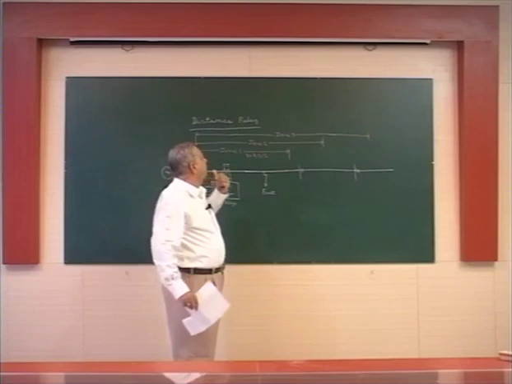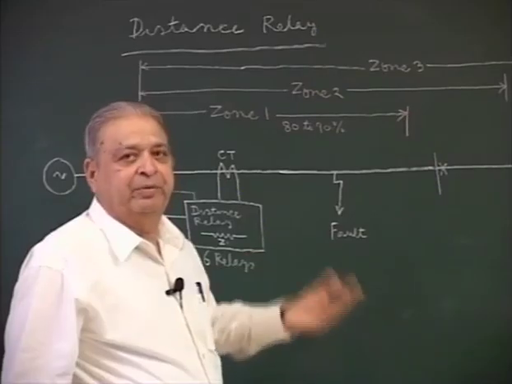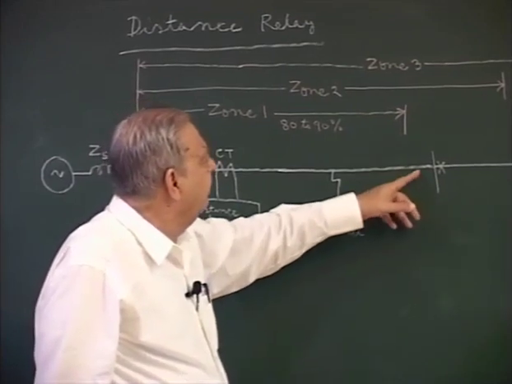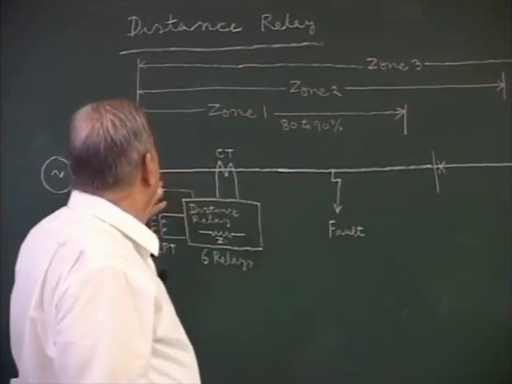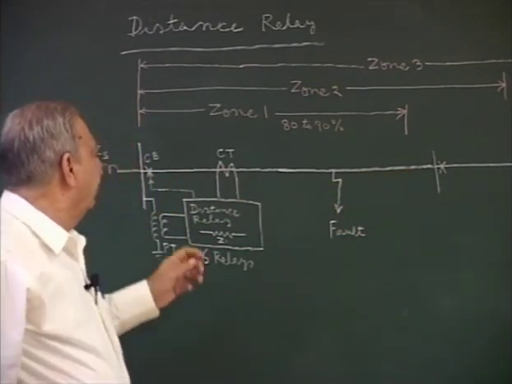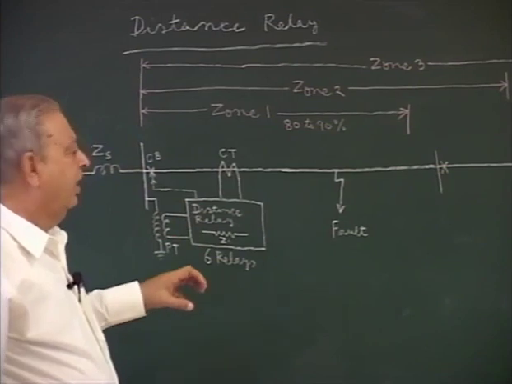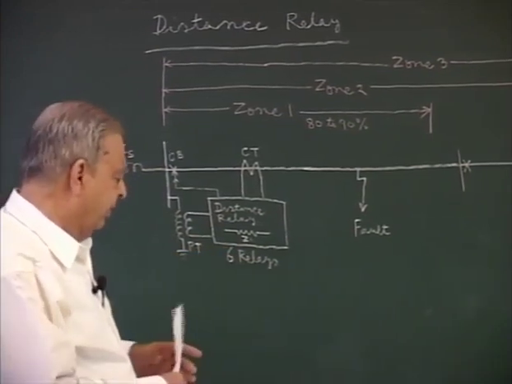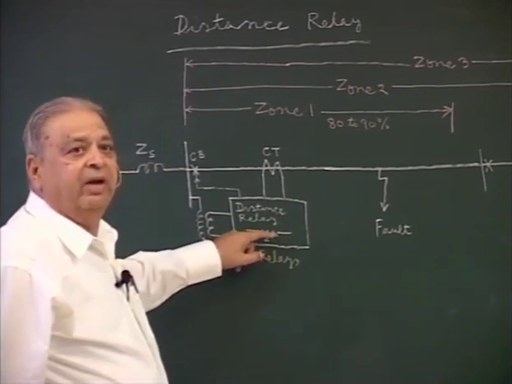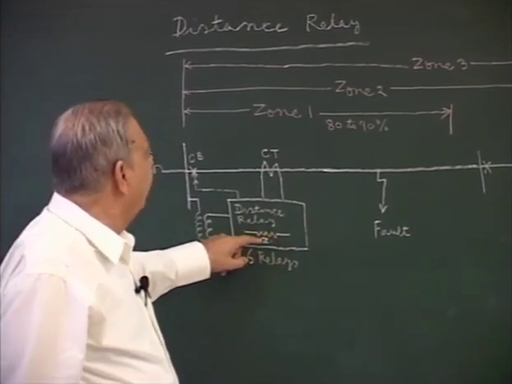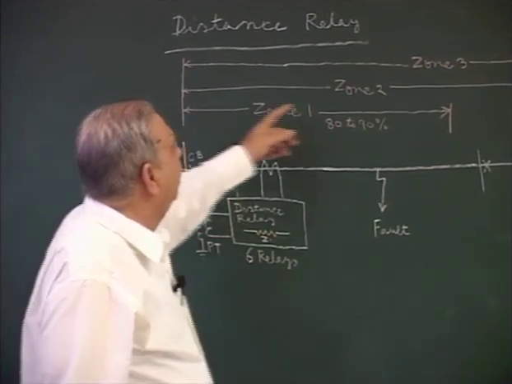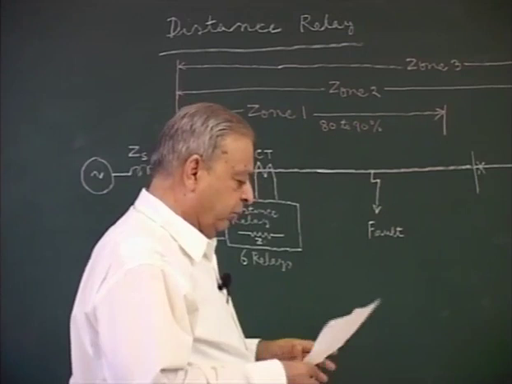Now, there is a time delay that is for the backup purpose. If due to a fault here, if this relay does not operate, then there is a timer inside the relay, and that timer changes the value of ZR. And due to changing the value of ZR, the relay at this location will be able to measure fault up to zone 2.